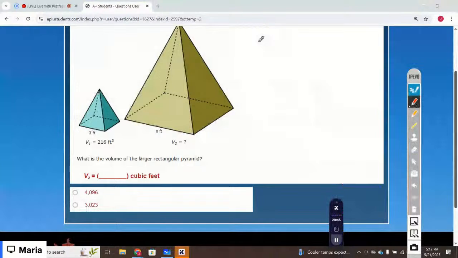So we need to calculate the cube of the corresponding sides. That is 3 times 3 is 9, 9 times 3 is 27. And then 8 times 8 times 8, that is 512.